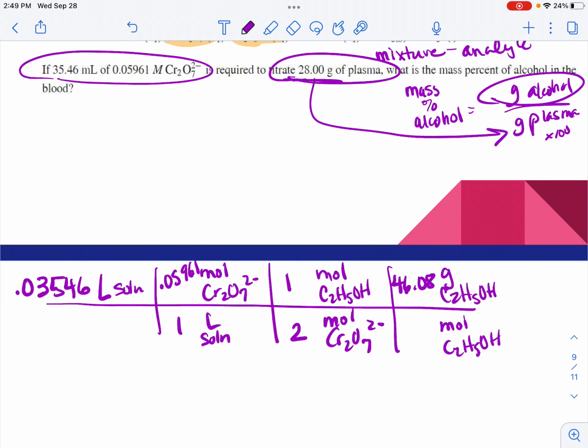When I do that, I can do my math and figure out here per 1 mole that this is 0.04871 grams of C2H5OH. My significant figures are 4 from everything that I've got.